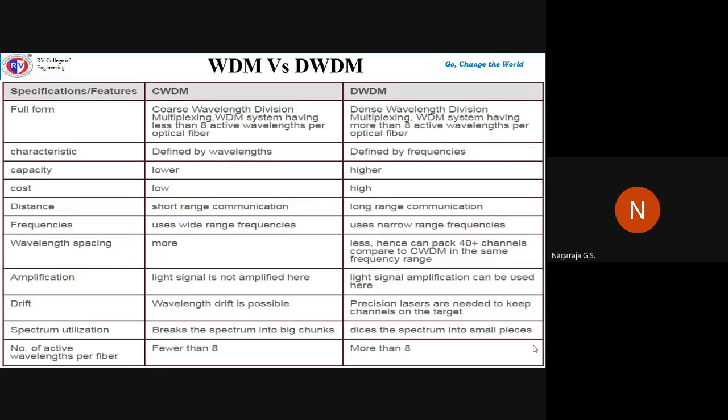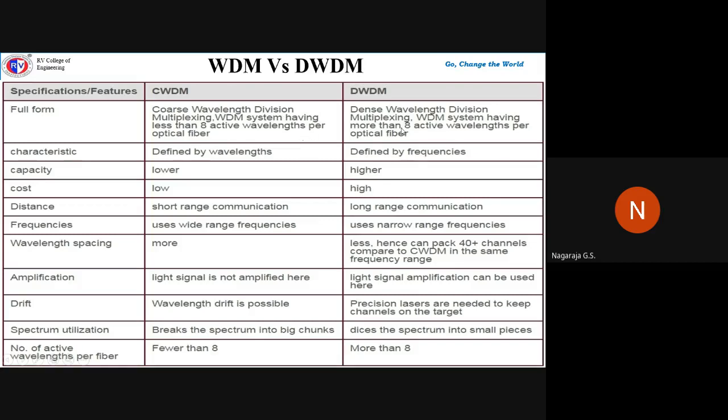Ultimately, we need to follow some of the differences between these two techniques. One is CWDM, which as I mentioned is WDM itself, coarse wavelength division multiplexing. I'm just abbreviating that. A CWDM system has fewer than 8 active wavelengths per optical fiber. On the other hand, dense wavelength division multiplexing has more than 8 active wavelengths per optical fiber.